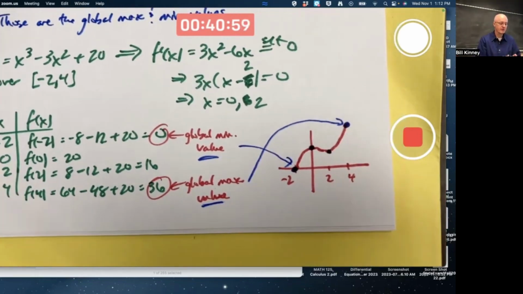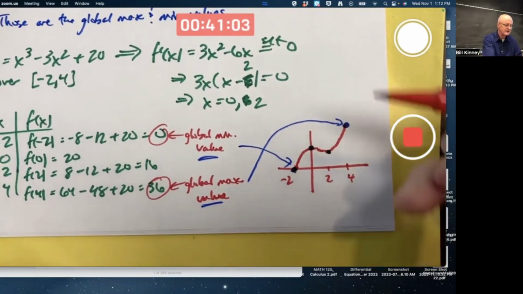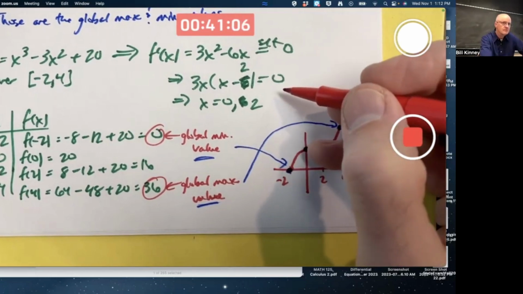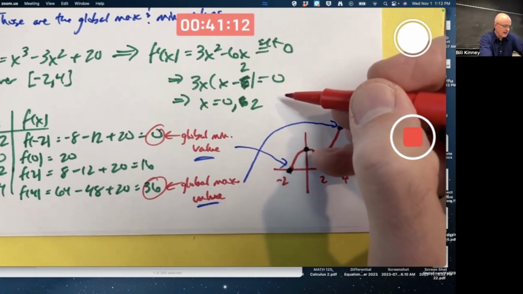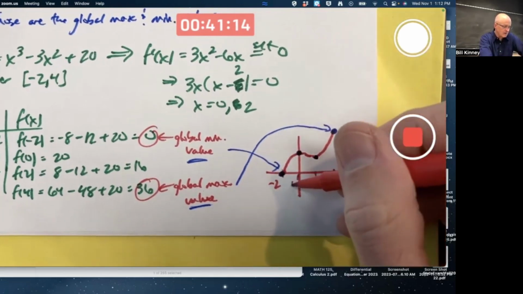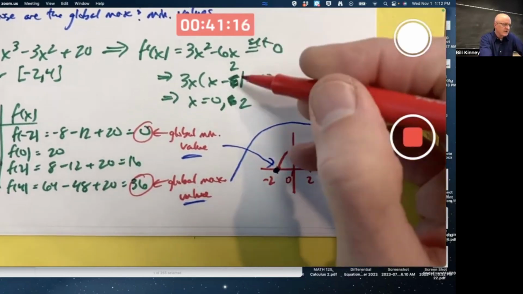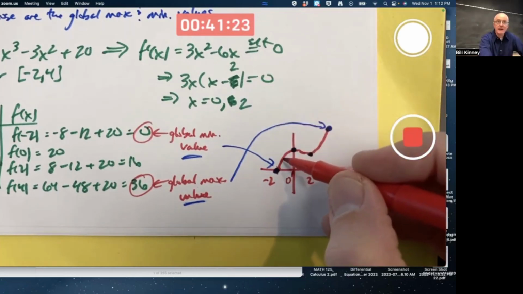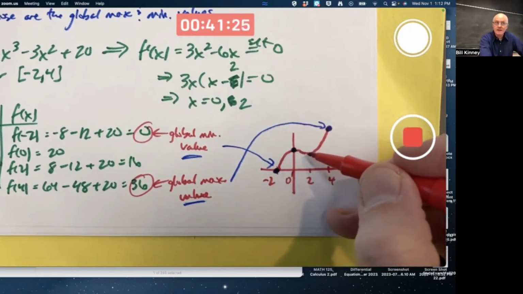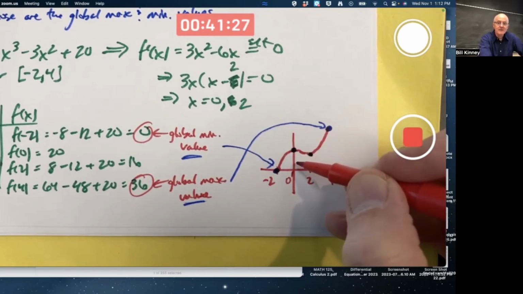If I were to use the first derivative test here, think with me. Think very clearly about this. Remember, what does the first derivative test say? It says at a critical point, like at x equals 0, if the derivative changes sign from positive to negative, meaning the original graph changes from increasing to decreasing, there'll be a local max there.